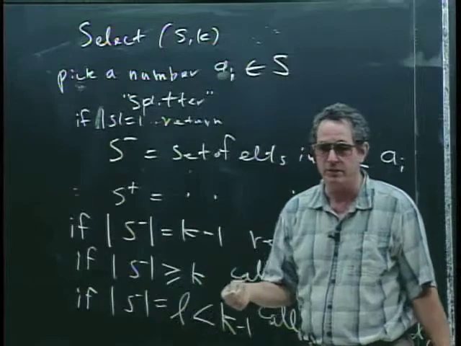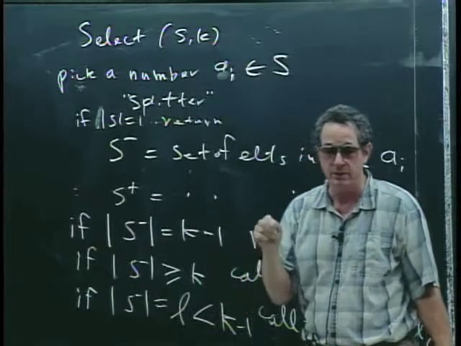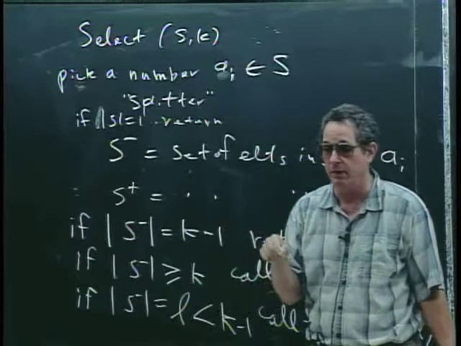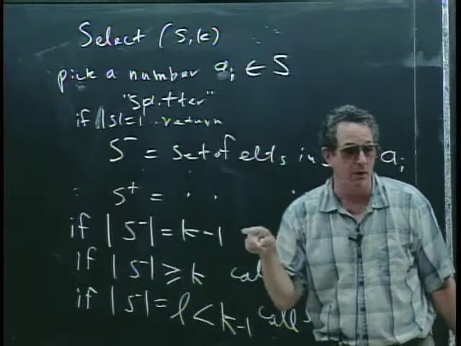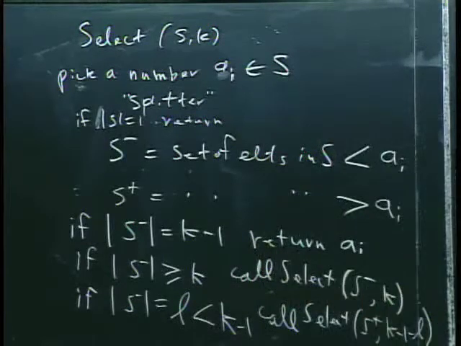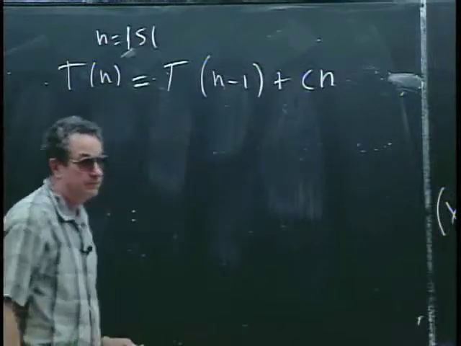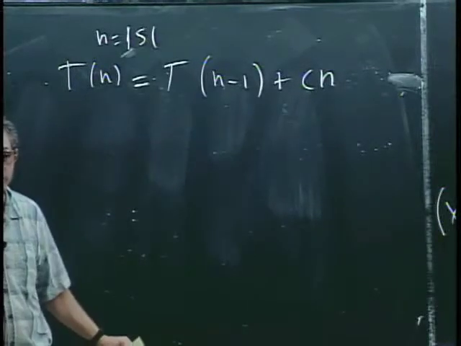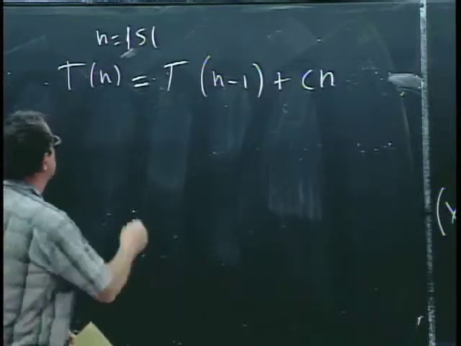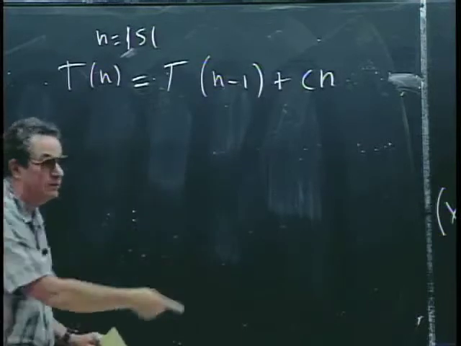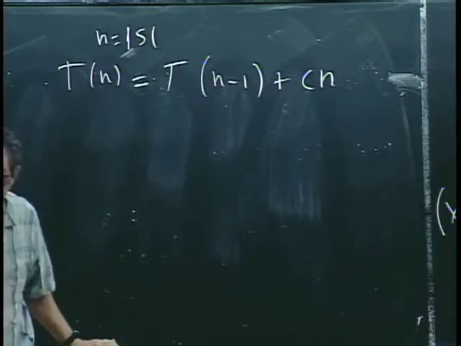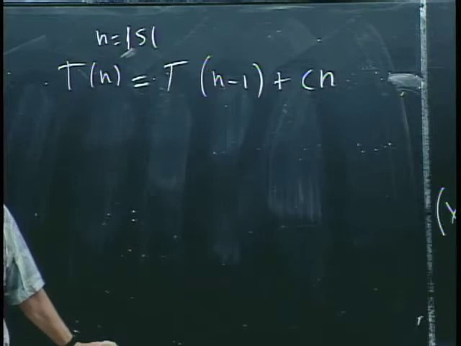How do you figure out S minus and S plus? You're explicitly comparing Ai to all the other elements. So this is Cn. Okay, that's for the comparisons. And what does this solve to? Well, you have n operations the first time, n minus 1 the second time, n minus 2 the third time.